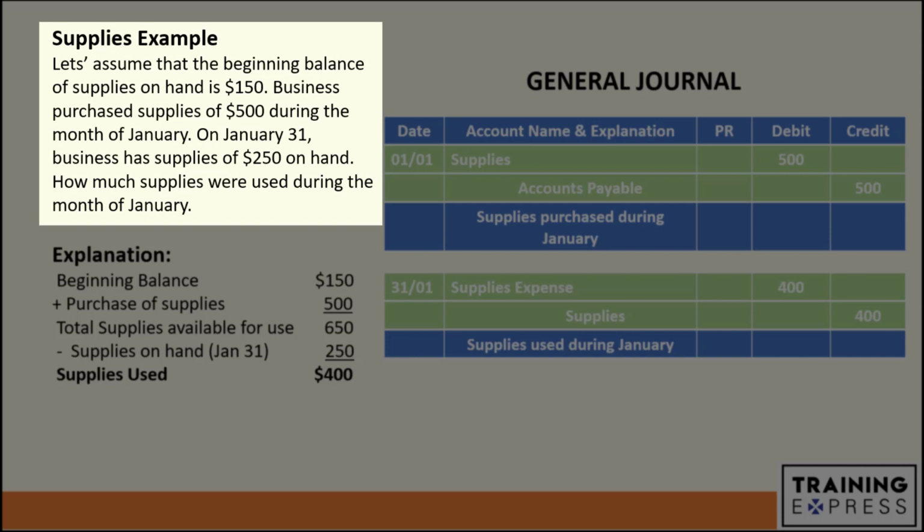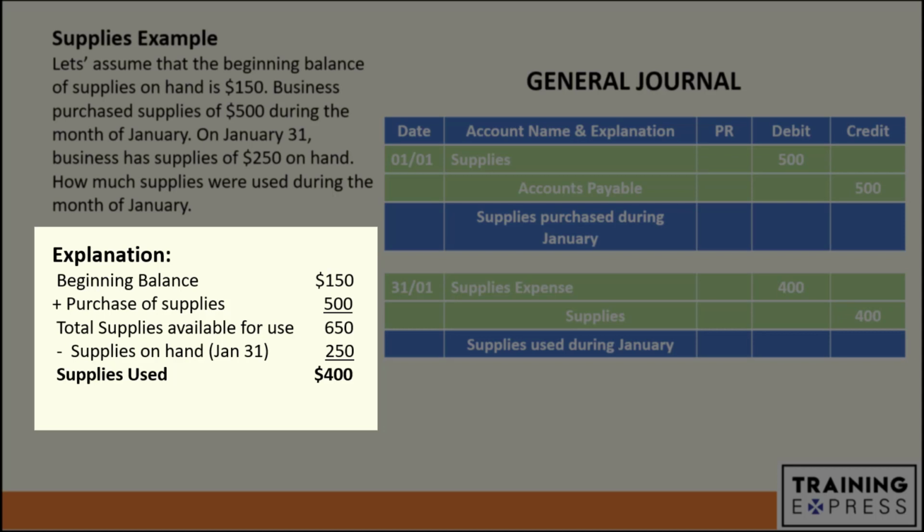Let's assume that the beginning balance of supplies on hand is $150. Business purchased supplies of $500 during the month of January. On January 31, business has supplies of $250 on hand. The question is, how much supplies were used during the month of January?